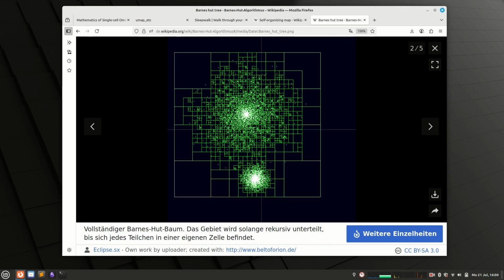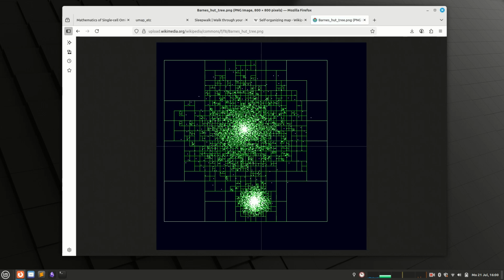And this still works here for this kind of math. So what you can do is calculate for each of these squares, the small, the medium-sized, and the large squares, where the center of mass of all the masses in the square is, and what the sum of the mass is. And hence, if I'm now here and want to calculate, say, the attraction on this point, then I don't have to take all these points individually.